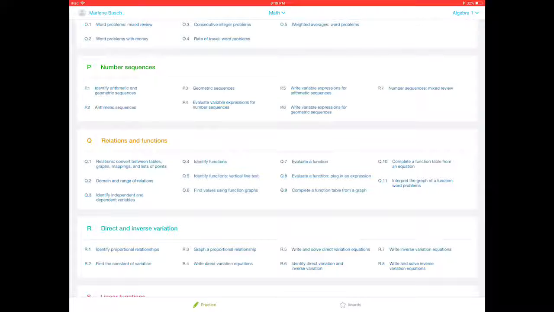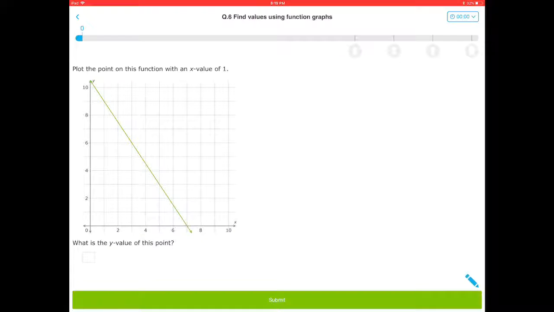All right, so I think you should be able to do Q6. Find the values of the function using graphs. Okay, just in case I give you this, I'm not sure if I'm going to assign it. So what is the y value of this point? Plot the point on this function with an x value of 1. So when x is 1, where's 1?